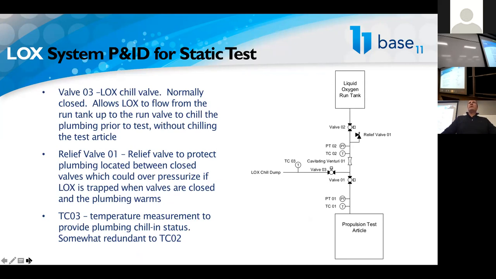And so it basically becomes a vaporizer and turns your LOX into a gas or into a warm liquid. And so by adding valve 3, I have a way to open a valve and allow flow to come from my liquid oxygen tank, go through valve 2, through the venturi, and out to a dump, so that that plumbing can all be chilled in ahead of the test.